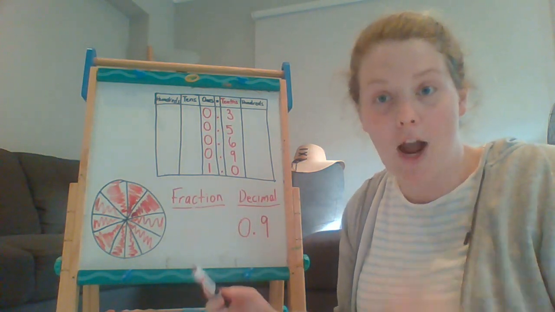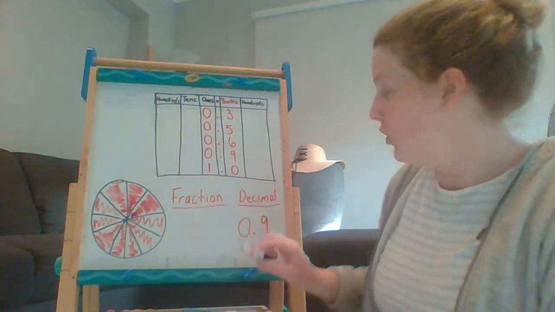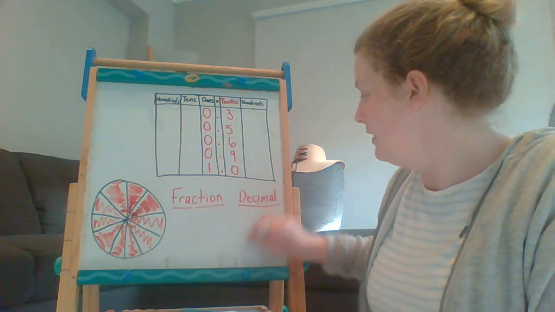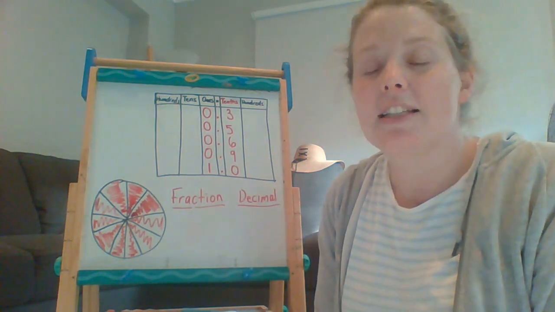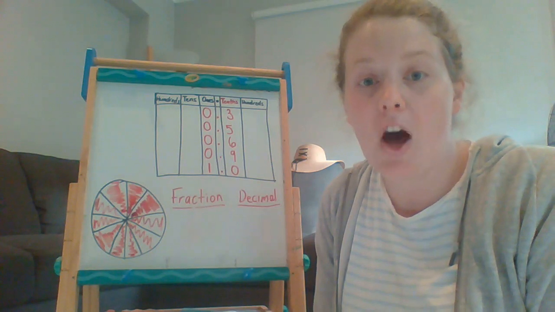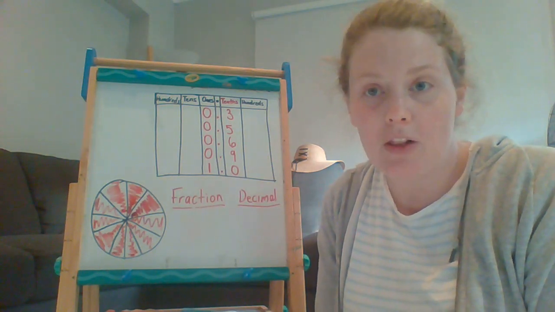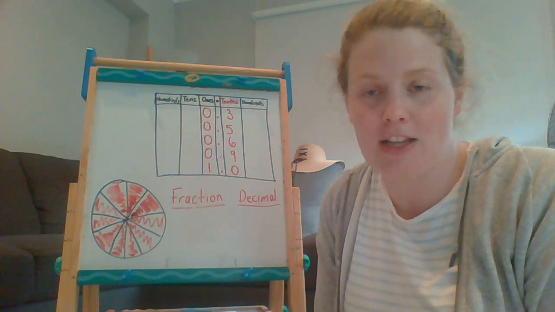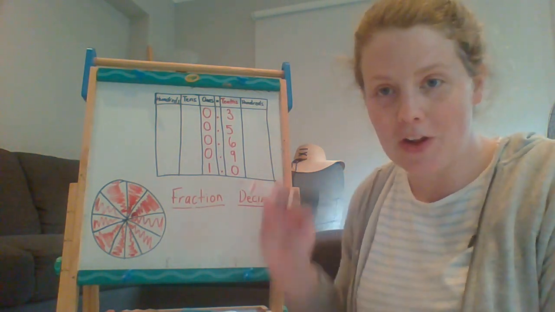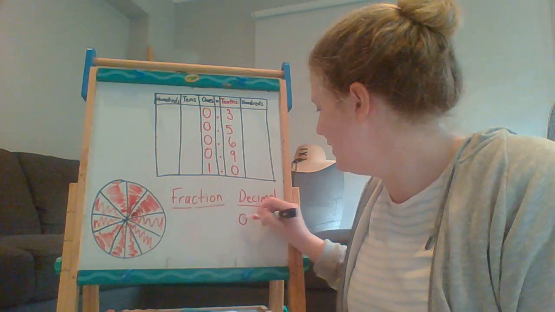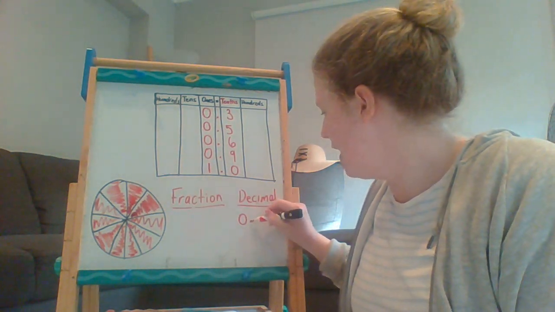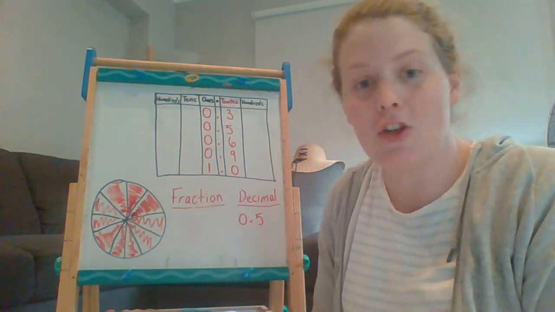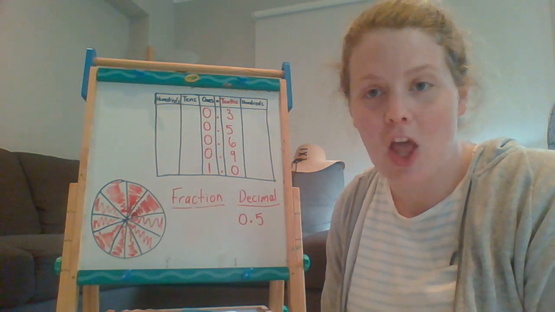Okay, I'm going to read out some now, and I want you to try and write it down for me. So if I said 0 and 5/10, what would that look like as a decimal? 0 and 5/10. Okay, if you wrote 0, a decimal point, and a 5, you would be correct.